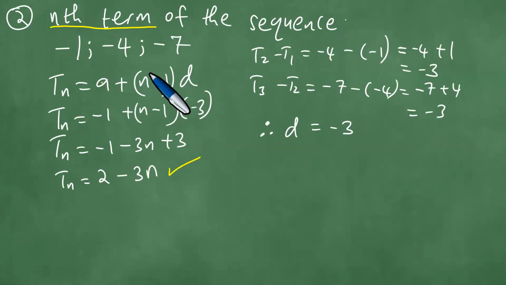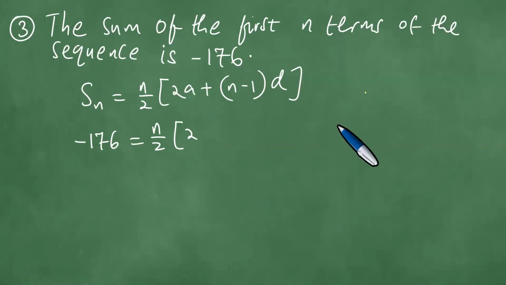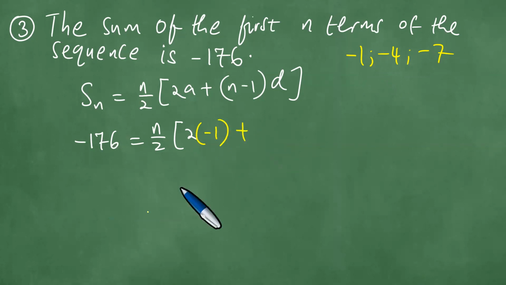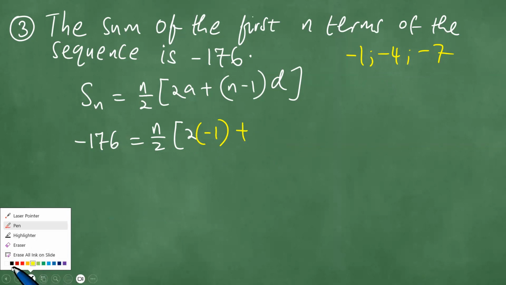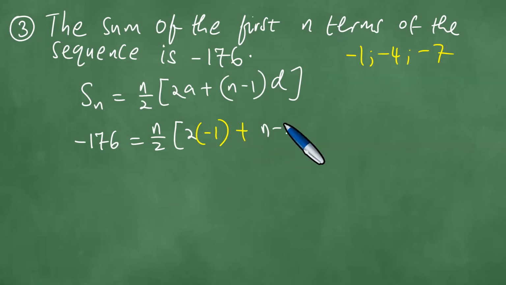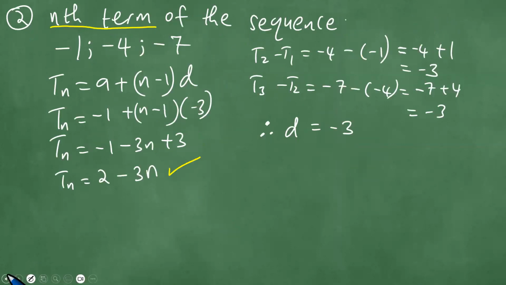What is the sequence? It is -1, -4, -7. So here we put -1 for a, plus (n - 1) into the common difference. We already found the common difference to be -3.